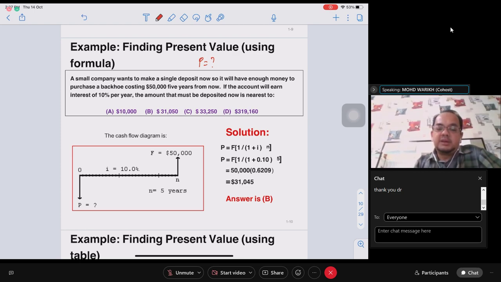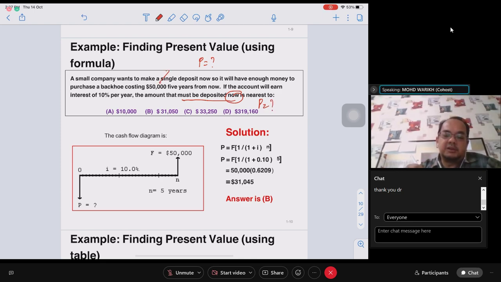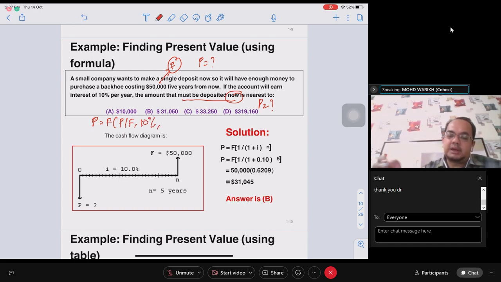The word here is: must be deposited now is closest to. That means you have to find P. F is given after 5 years. So that means it's P, P over F, I is 10% per year, N is 5 years.